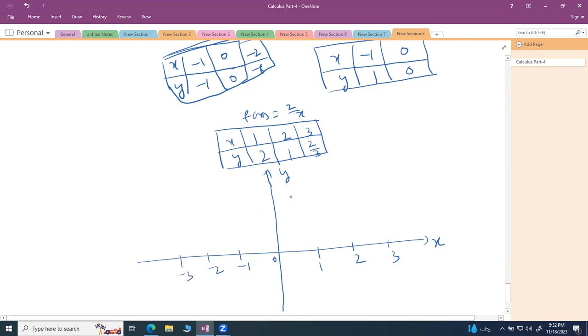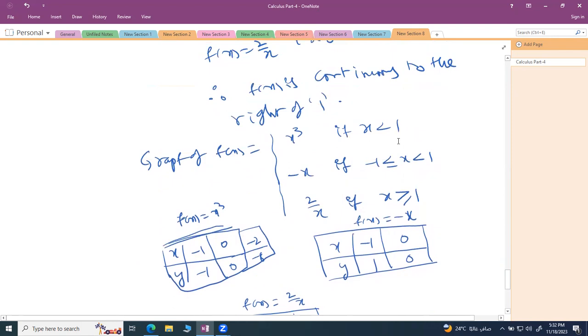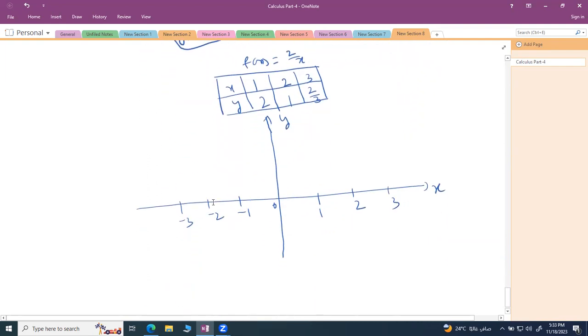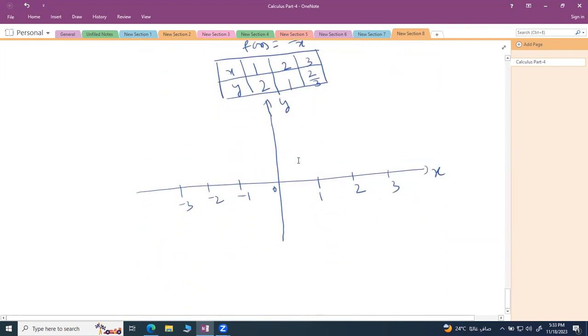For x less than minus 1: minus 2 gives minus 8, minus 3 gives minus 27. So if x value is minus 2, it goes just down here.